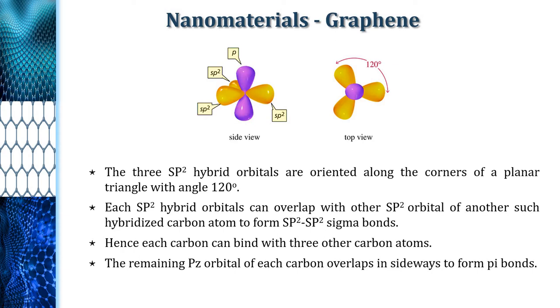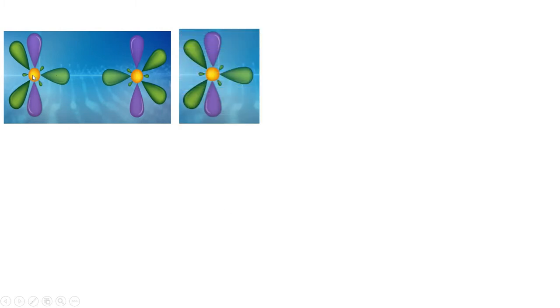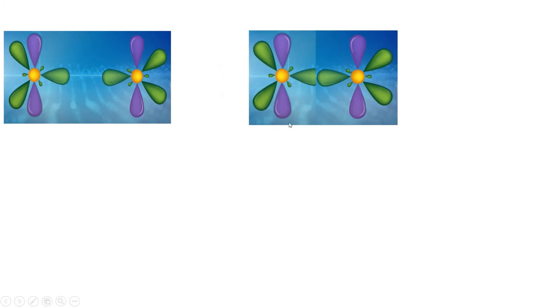The remaining pz orbital of each carbon overlaps sideways to form the pi bond. So let us see how the overlapping of sp2 hybrid orbitals takes place between the hybridized carbon atoms. These two sp2 hybridized carbon atoms are approaching each other. When they approach each other, there is overlapping of sp2 hybrid orbitals forming a sigma bond.